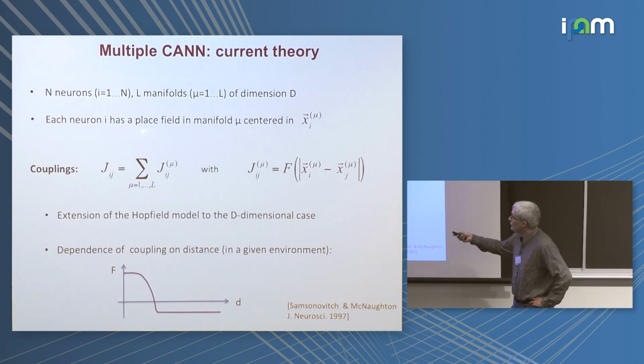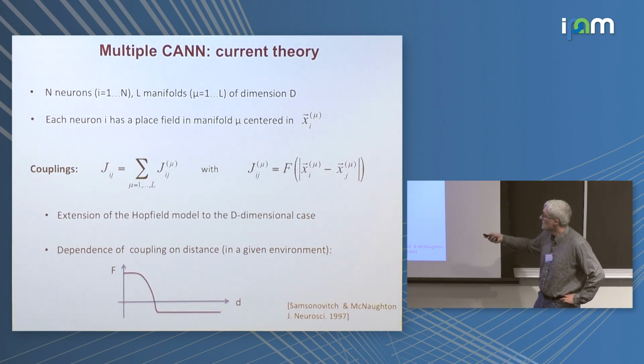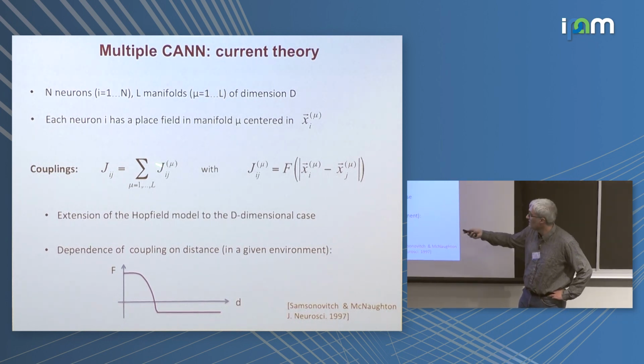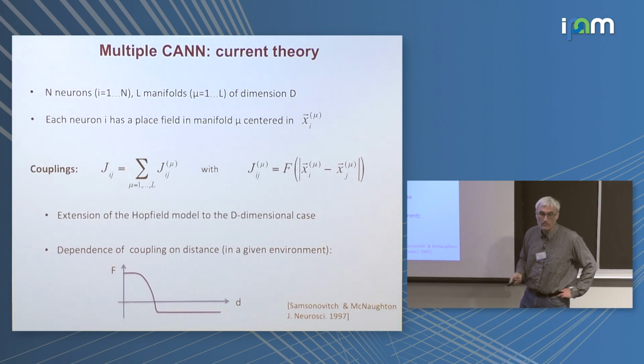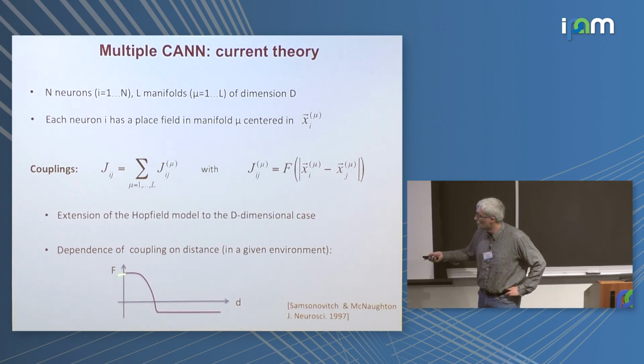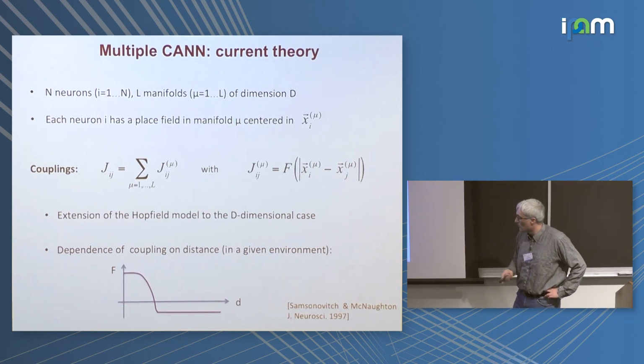And if you imagine that each neuron i has a place field in the manifold mu centered in some position xi mu, then what you can do is sum all the matrices you would have in each manifold, the one in the Tsodyks-Sejnowski model, and you just sum all of them, as you would do in the Hopfield model, with the Hebb rule. And this function has to be positive at short distances and negative at larger ones.